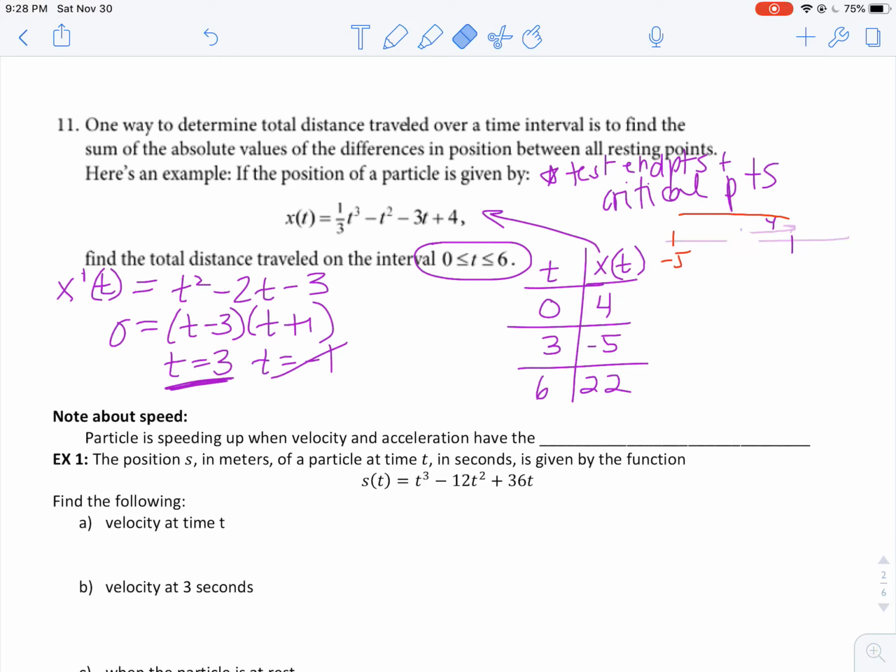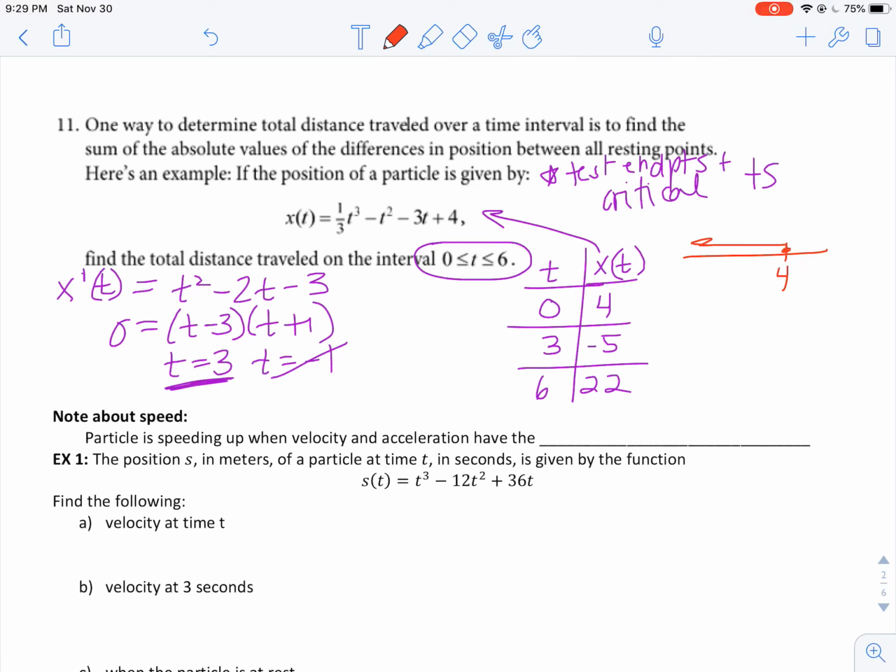Actually, hold up. Let me erase that for a second. We're at t equals 0, we're starting at 4. He's not moving 4. So we're starting at position 4.